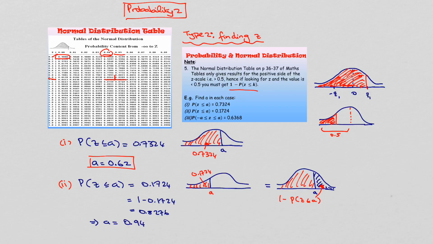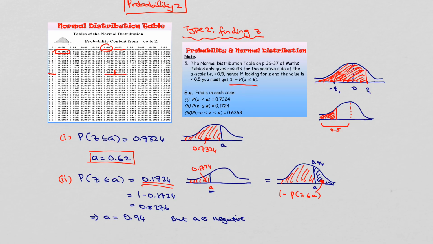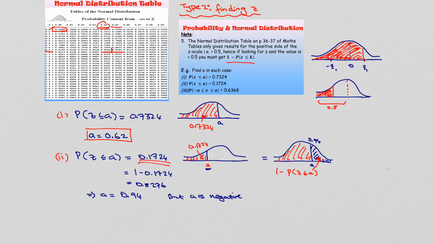0.94. Now, again, we have to note that it can't be 0.94 because that represents this value here. That's 0.94 for our z-score. We're on the negative side. So we say, but a is negative, because remember at the start the probability was 0.1724, and therefore we say, hence a is equal to minus 0.94.